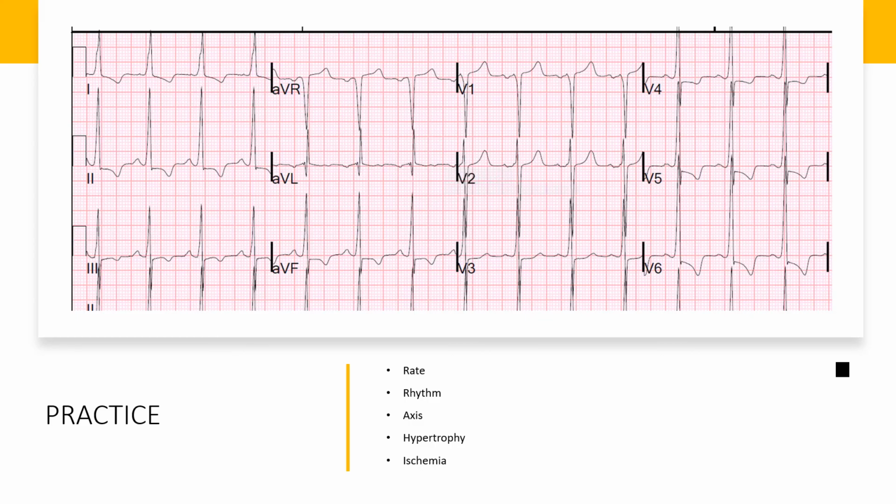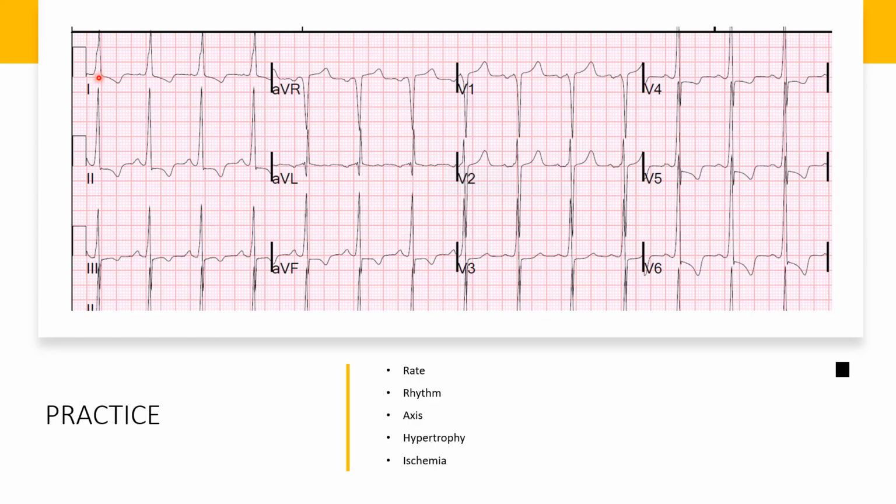In terms of ischemia, it does appear that I may have some ST segment depression in 3 and AVF, as well as V6 and V5, which could be related to hypertrophy or ischemia, in which case this would be inferior lateral ischemia.